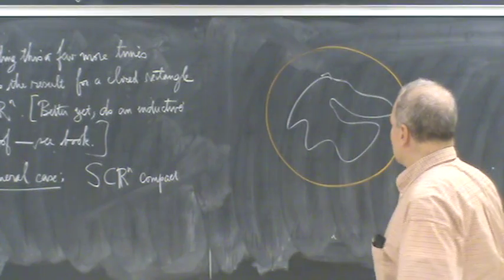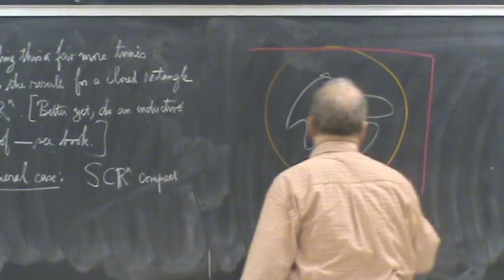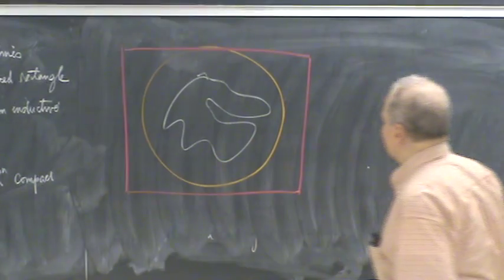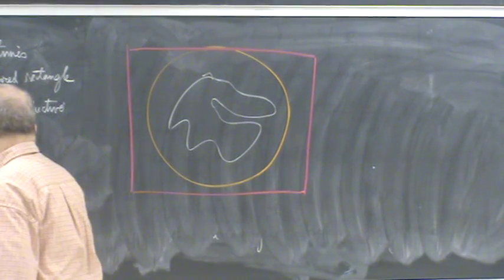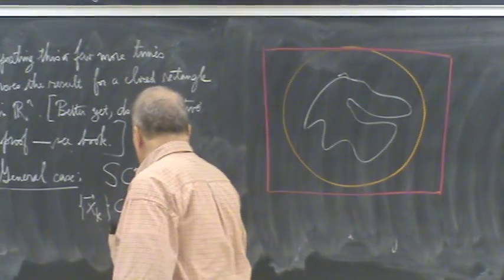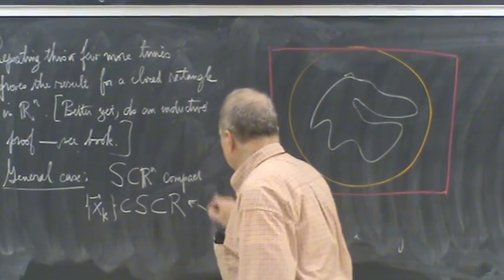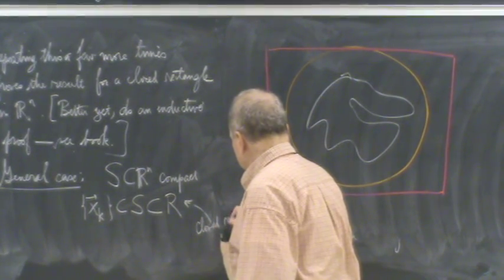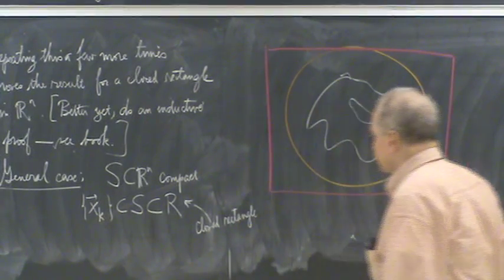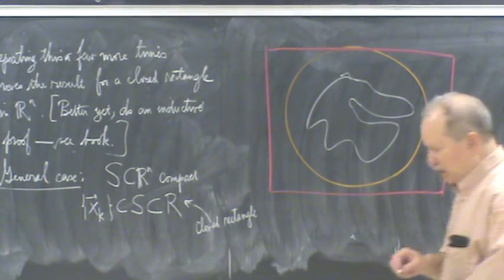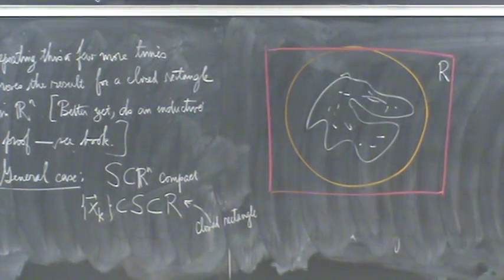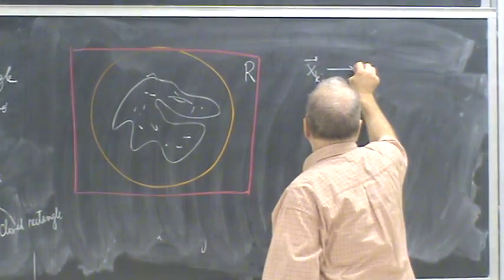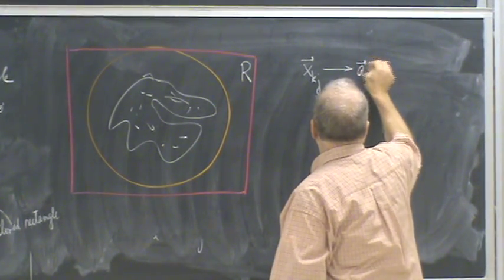That ball, in turn, is contained in a rectangle. So, by what we've proved, if you have a sequence of points living in S, you can think of them instead as living in a closed rectangle that contains S. So this sequence of points that was in S is in fact sitting in this big rectangle R. By what we've proved, you get a convergent subsequence converging to some point in R.